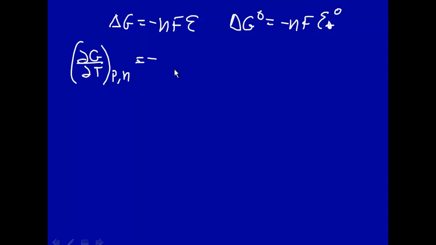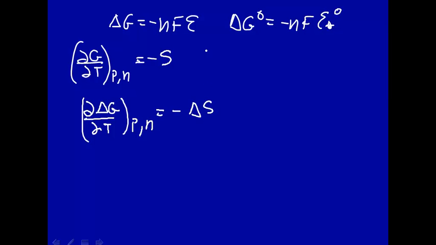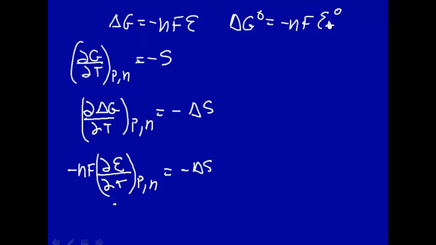If you look at how delta G changes with temperature at constant pressure and number of moles, that's going to be minus the change in entropy. So let's substitute for delta G this expression here, and n and F are constant: minus nF times how E changes with temperature at constant pressure and number of moles is equal to minus delta S. So how E changes with temperature is just delta S over nF.